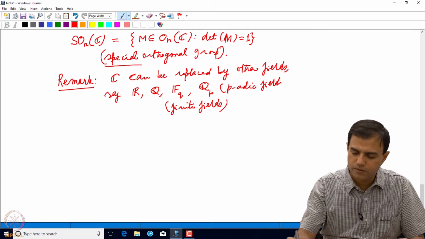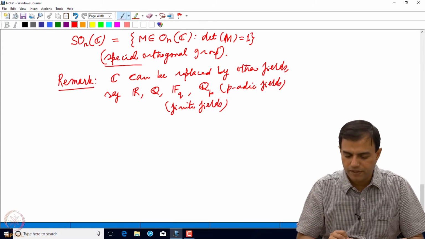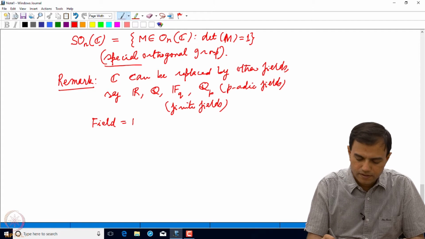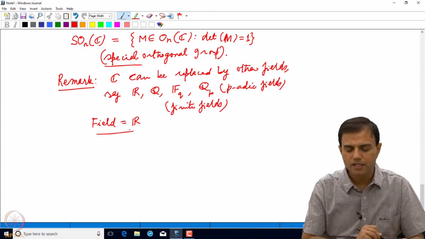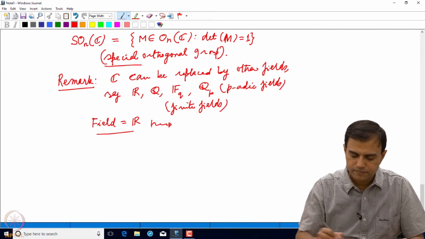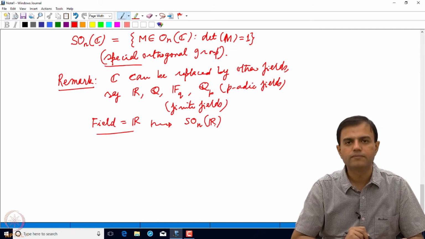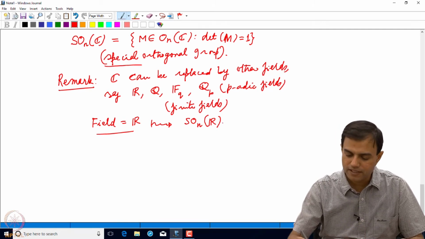There are so many fields, so you can replace C by different fields, and particular interest is there if the field is that of real numbers. Then in this case you have SOn(R) that has a particular significance.